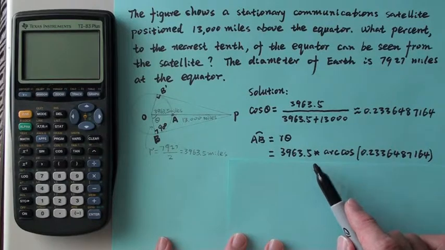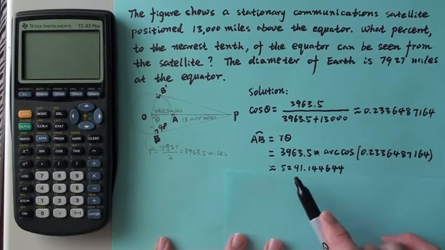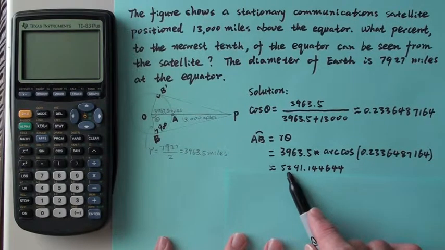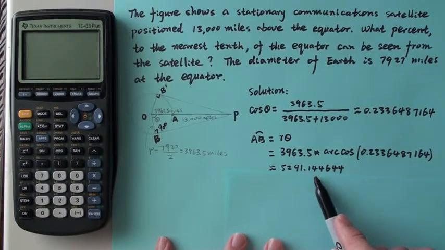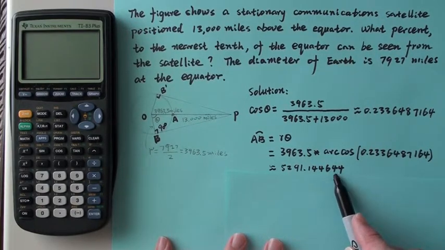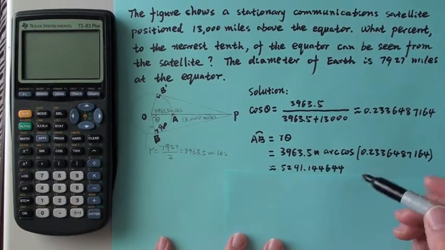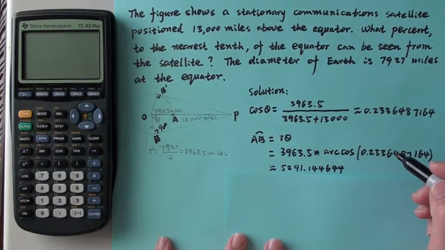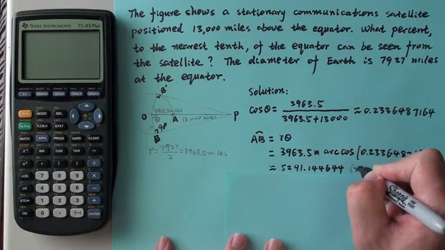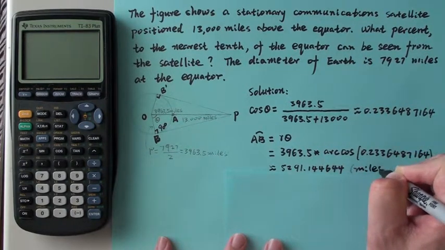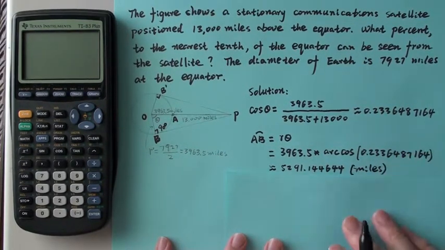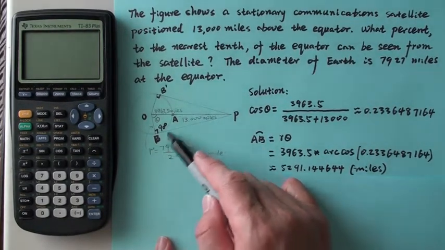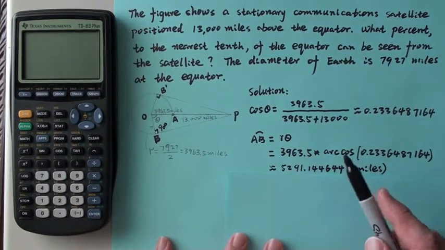After the calculation we then have 5291.144644 miles. Miles, because here they are all in miles. You may put miles if you want. Now if we double AB, then we'll get BB prime, this arc.